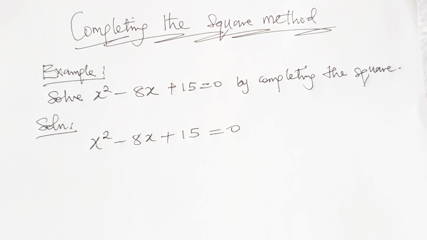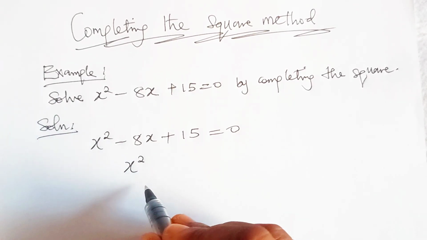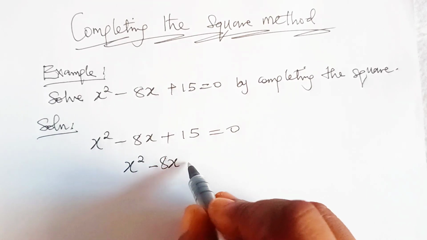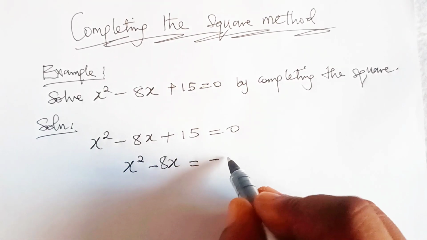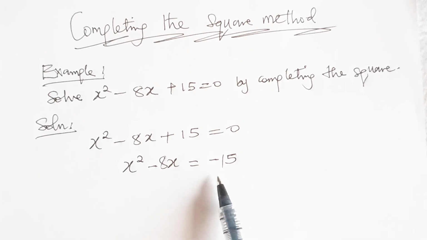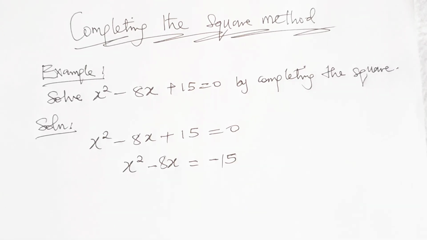Then next is to rewrite the given equation as x squared minus 8x equal to minus 15. So I have x squared minus 8x on the left hand side and minus 15 on the right hand side.